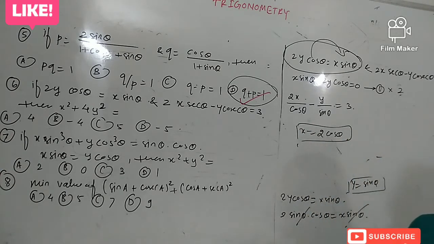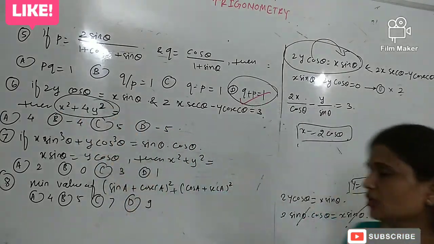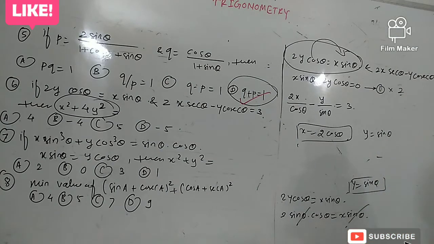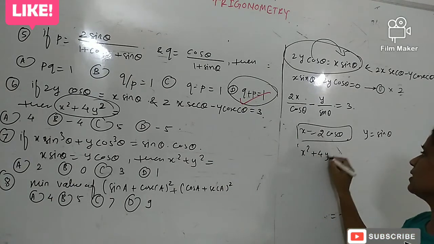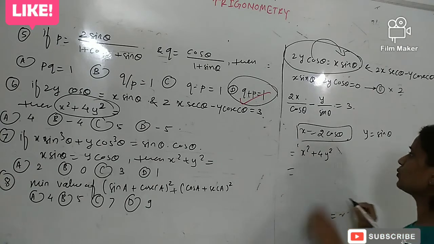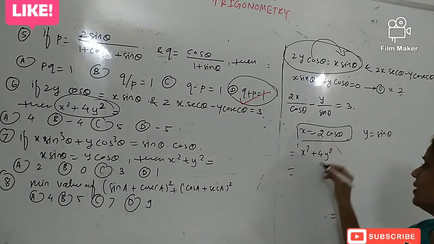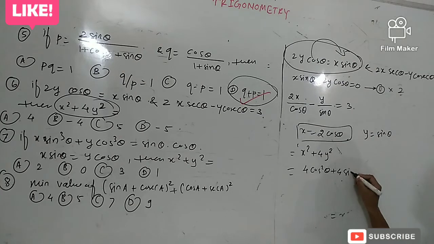Now what do we have to do? We just have to plug this x and y value in this equation. The given equation is x square plus 4y square. x square means it is (2 cos theta) square, so after squaring this, we get 4 cos square theta plus 4 y square. y square is simply sine square theta.